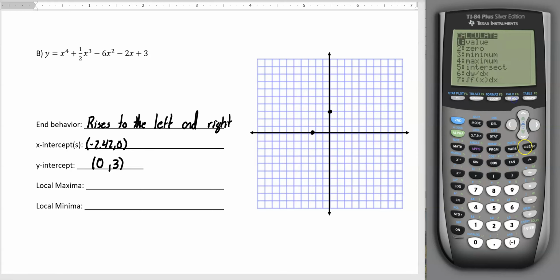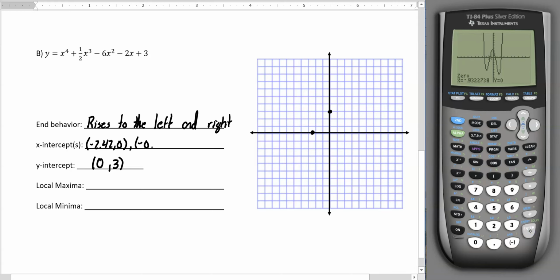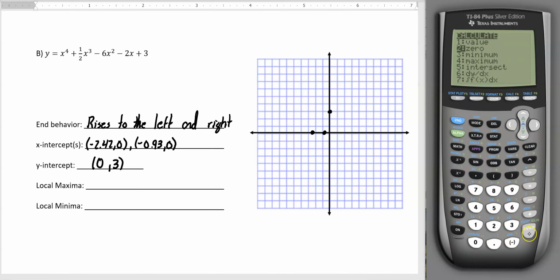Let's do our next one. Second calc 0. Negative 0.93, comma 0. Okay. Got 2 down, 2 to go.